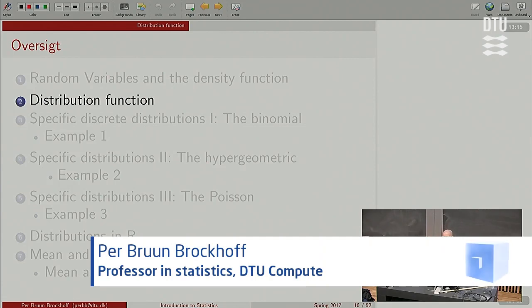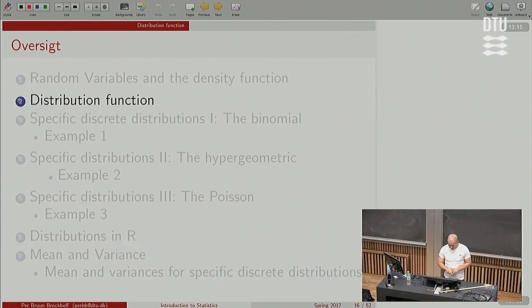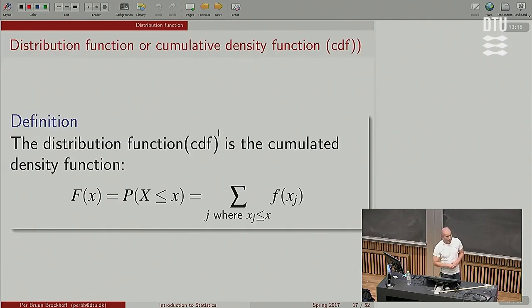And then a short one now on the distribution function, because we are almost there. Let me say the words and then let's do the general comments afterwards.